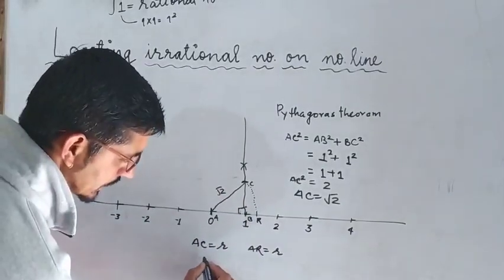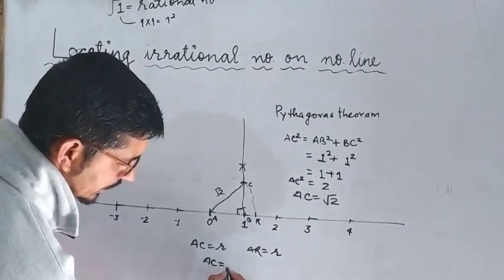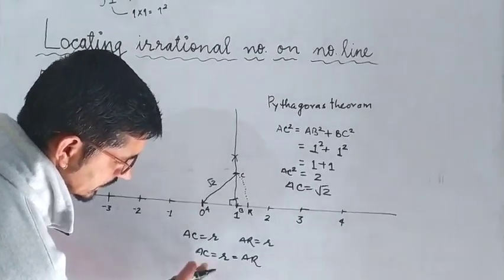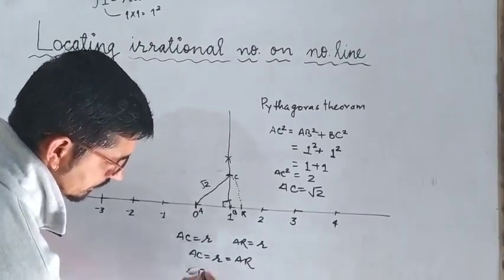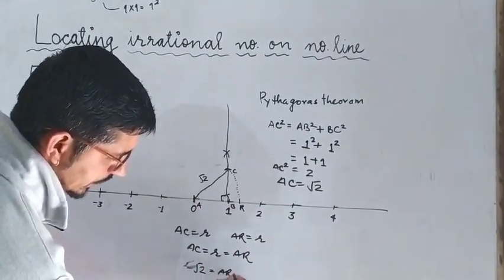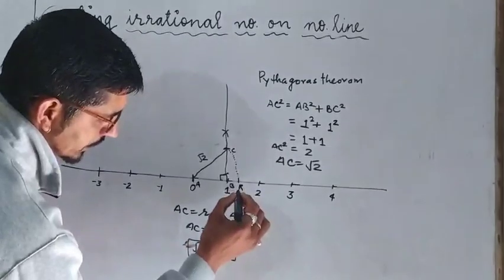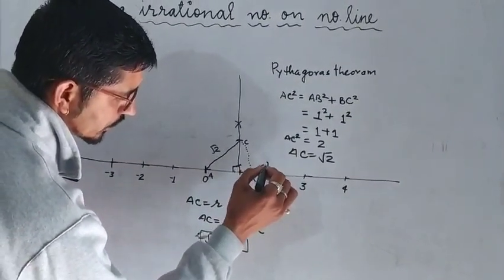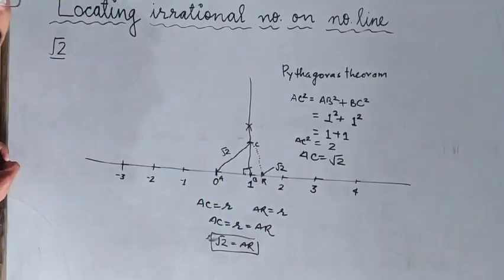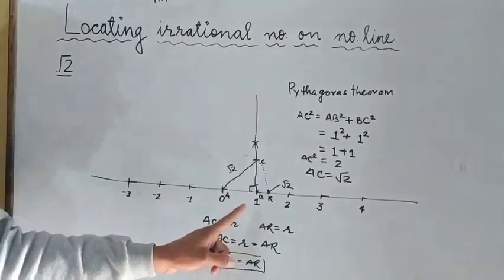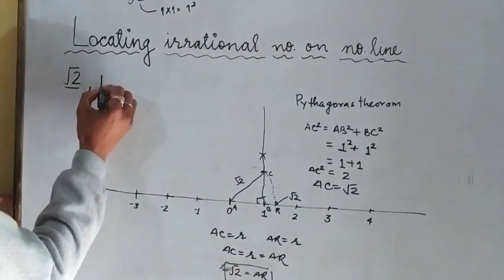So hence if AC equal to radius equal to AR, we have proved that AC equal to root 2, so it will be equal to AR. So this point R will be root 2. Okay. Now in the same figure we will find out root 3.